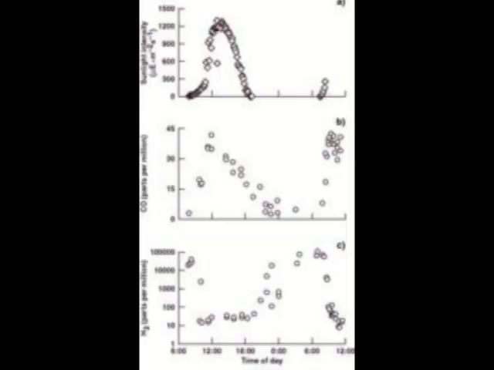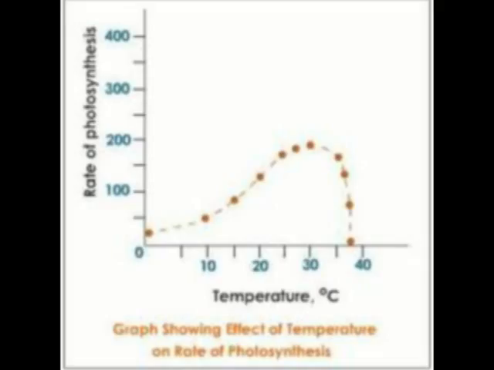However, after the saturation point, it doesn't matter how much more carbon, light, or water, the rate of photosynthesis will stay the same. Regarding temperature, when the temperature increases, the rate of photosynthesis will increase to a certain point. After that point, proteins will denature, causing them to break down and shut down.